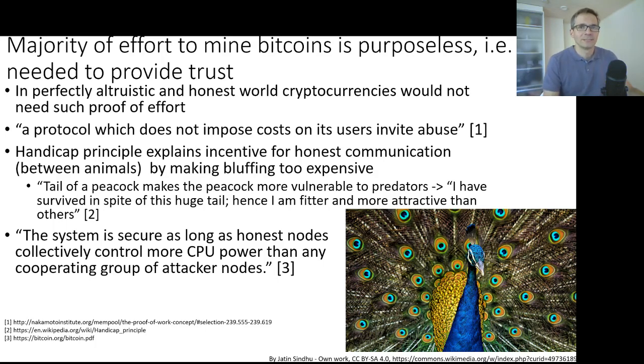So, our trust in Bitcoin is based on the fact that the honest nodes control most of the computing power. Therefore, bluffing for them would be too expensive and also against their incentives, as they also own a lot of Bitcoins.